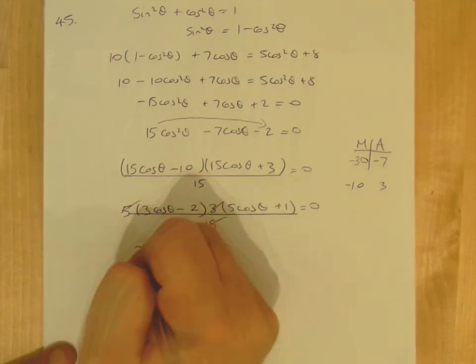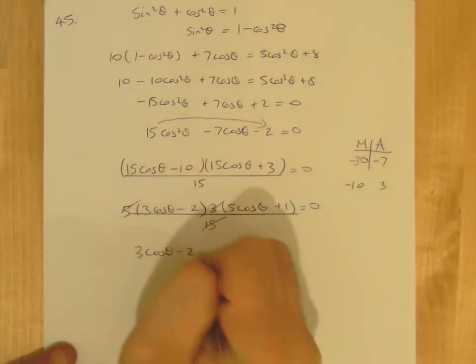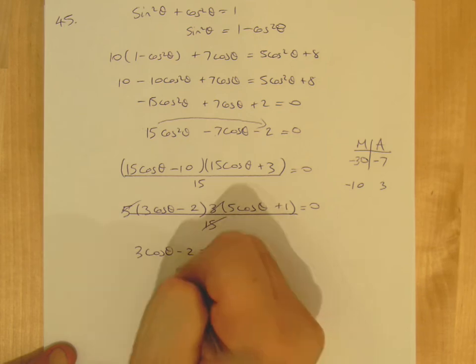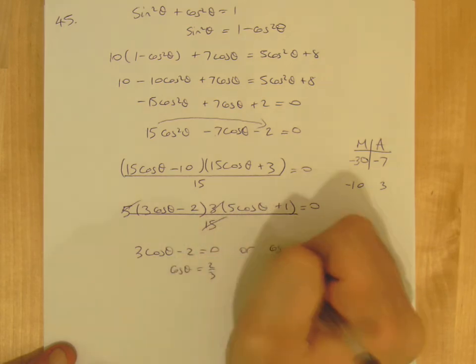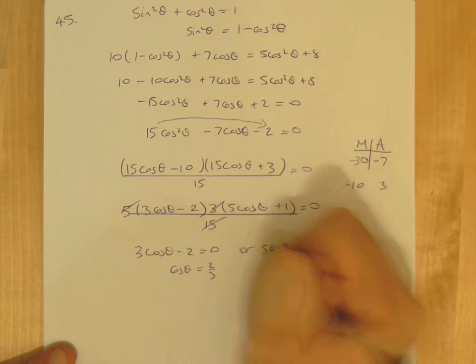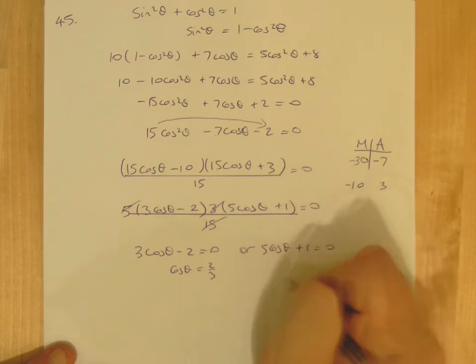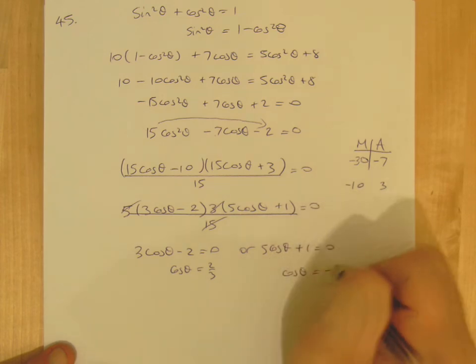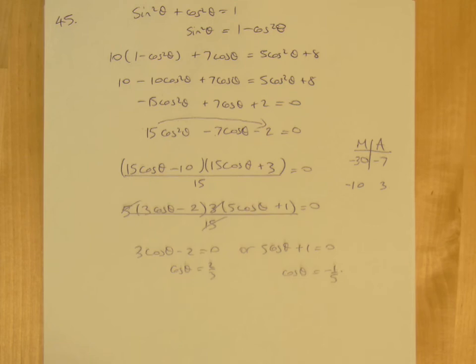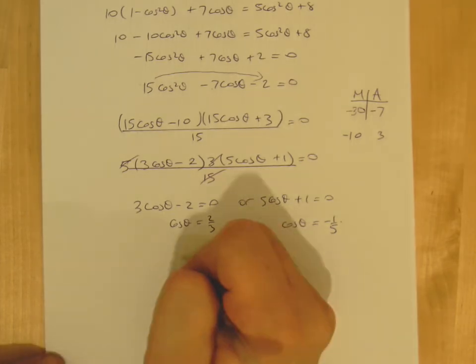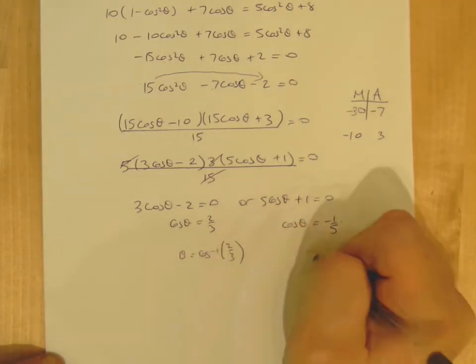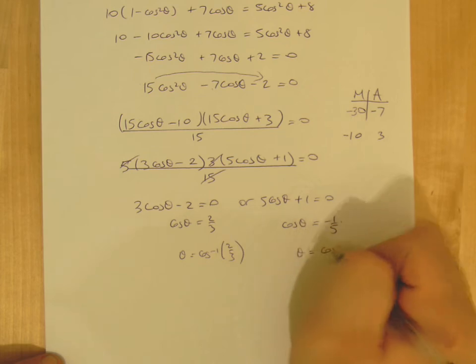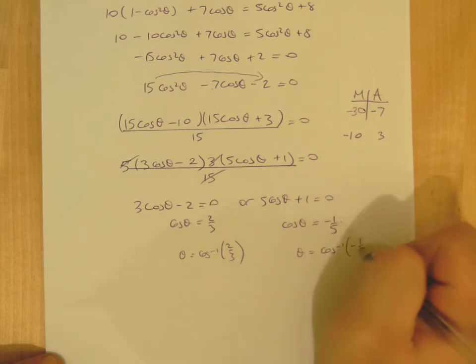So either 3 cos theta minus 2 equals 0, which would leave cos theta equal to 2/3, or 5 cos theta plus 1 equals 0, so cos theta would equal minus 1/5. So you get your calculator: theta equals cos to the minus 1 of 2/3, and cos to the minus 1 of minus 1/5.